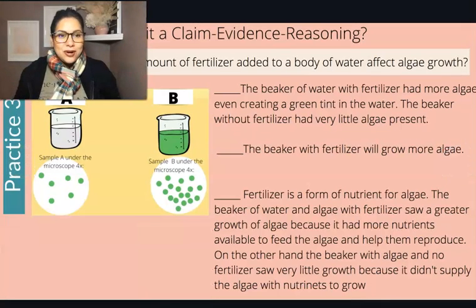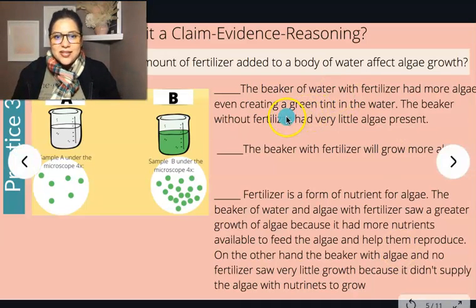Welcome back. Let's go over our examples together. The first statement reads, the beaker of water with fertilizer had more algae, even creating a green tint in the water. The beaker without fertilizer had very little algae present.